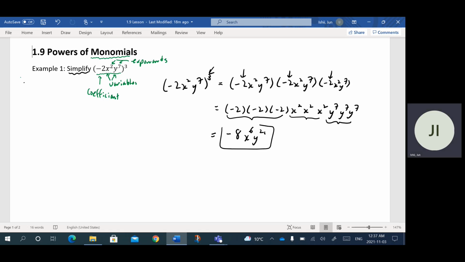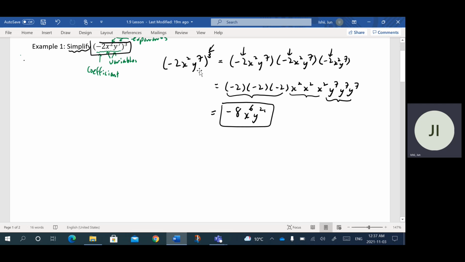So this is the expression simplified. Hopefully this gives you a visualization of what's happening. Now, this other way that I'm going to show you, going from here to here, is the one you'll probably get used to doing.